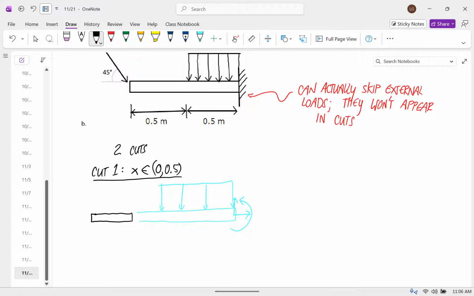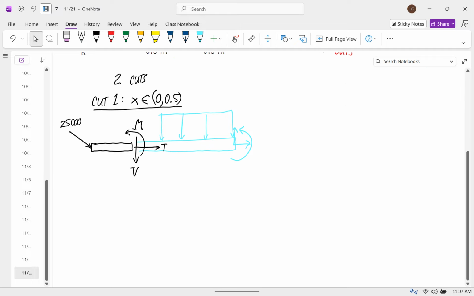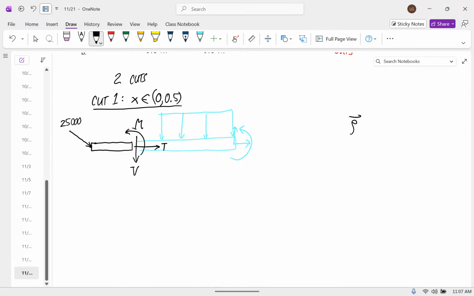The only thing that acts on our piece here is the 25,000, and then internal loads, T, V, and M. And so I'll do this with the table.